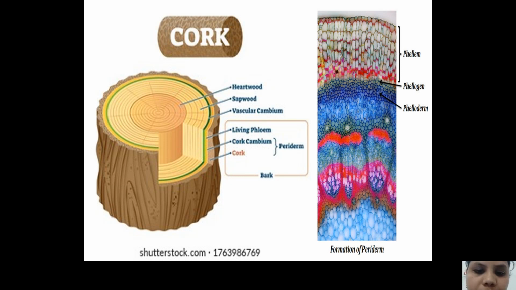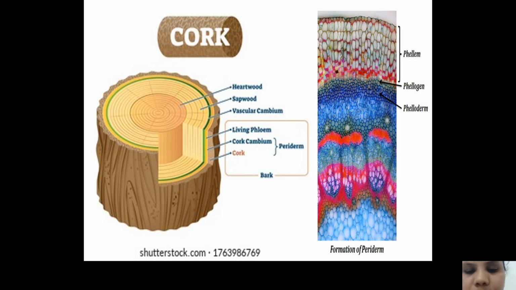Here you can see the structure of cork, hardwood, sapwood, then vascular cambium. After the vascular cambium, the layers which are present come under the bark, and how a cork is formed from the activity of the cork cambium. Here, in the right side diagram, you can clearly see the phellogen, the phellem and the phelloderm.